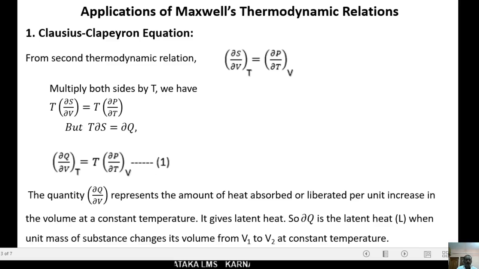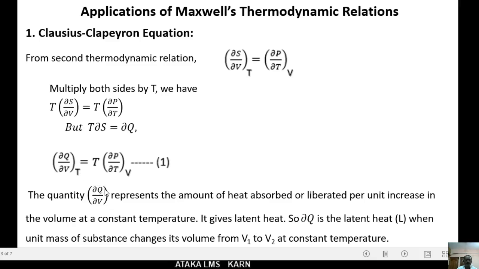Here the quantity dou Q by dou V, the small change in heat to the small change in volume, this ratio always represents the amount of heat absorbed or liberated per unit increase in the volume at a constant temperature T. It gives latent heat, so dou Q is the latent heat.